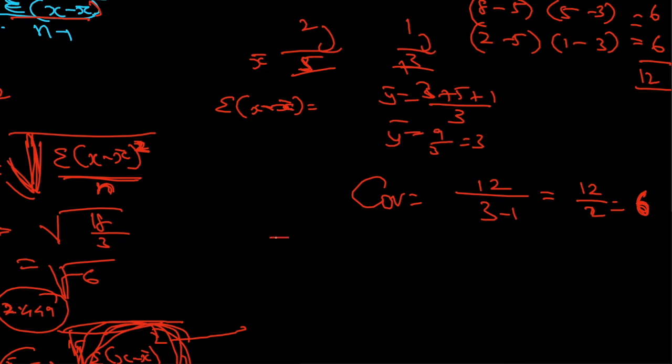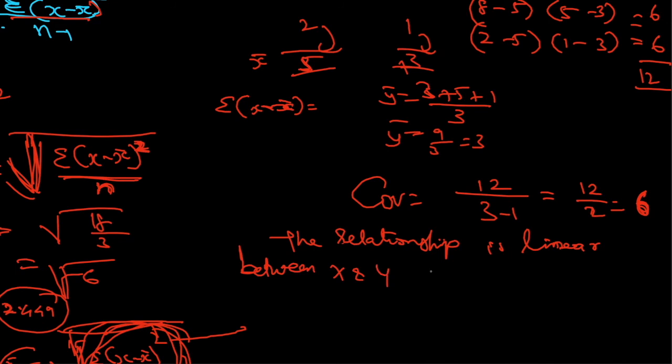So the relationship is linear between x and y. So what does that mean?